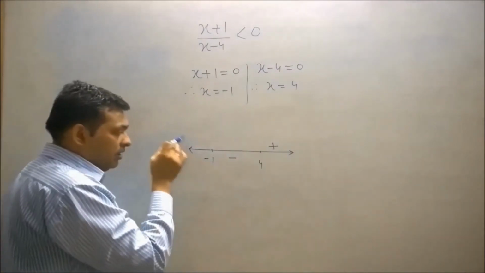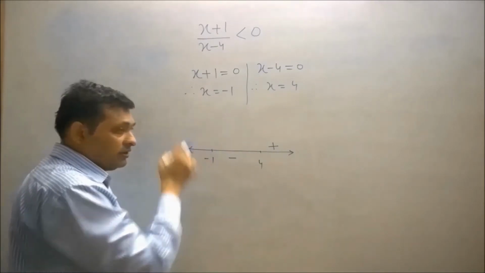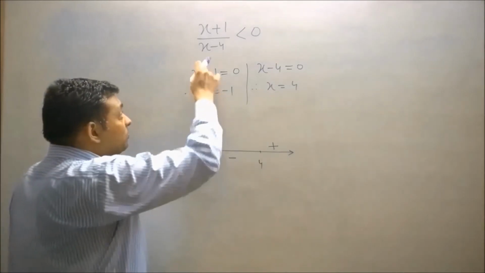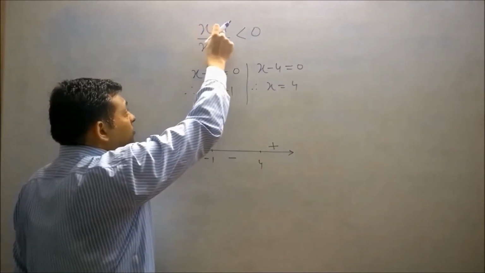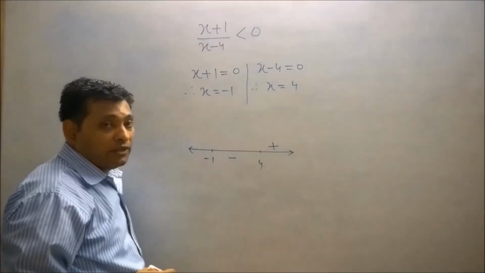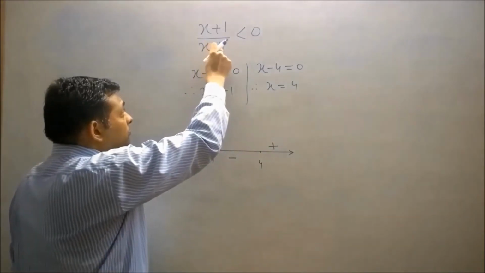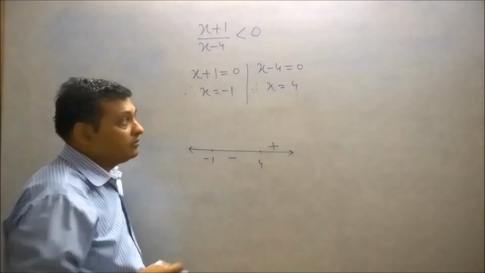Now pick any one point which is lying to the left side of -1. Let's say I have chosen x = -2. Put this value of x = -2 in the given inequality. -2 + 1 = -1, the numerator is negative. -2 - 4 means -6, the denominator is negative.